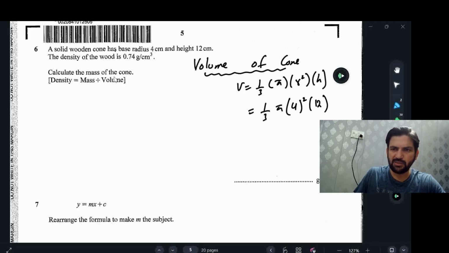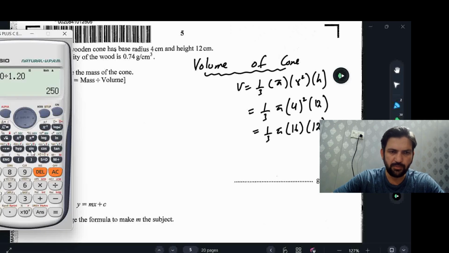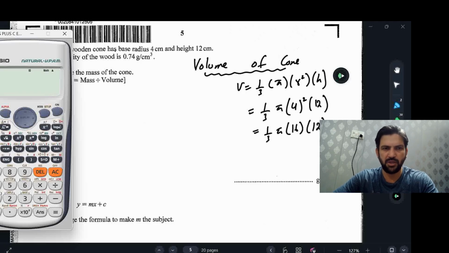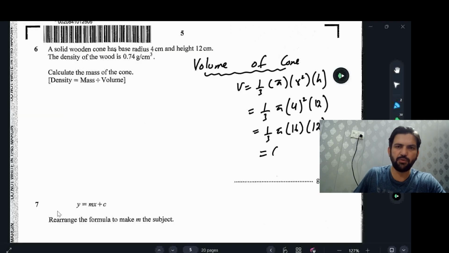So this will be 1 by 3 pi into 16 into 12. Now if we simplify it using the calculator, 1 by 3 multiply by pi multiply by 16 multiply by 12, the final answer will be 64 pi. So let's take the accurate value. So 64 pi.